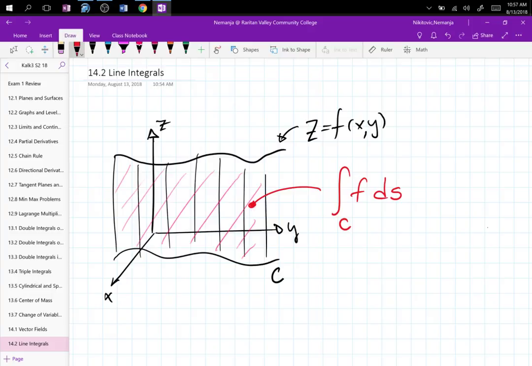We have seen that before. So we are looking for the area of the curtain, and this gives us the ability to find the area of uneven surfaces, okay? If we are able to pinpoint the line C and which way the line C works. So that's what we have.